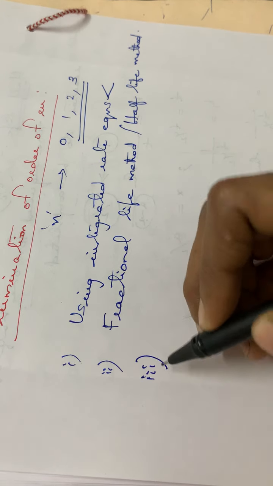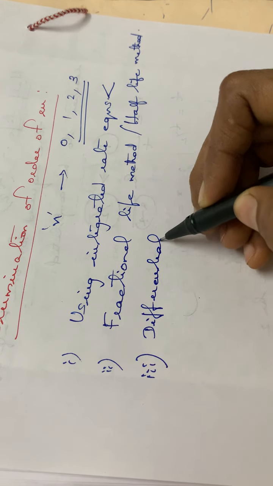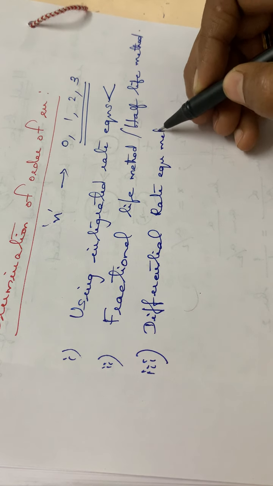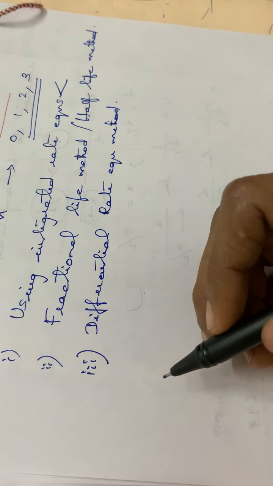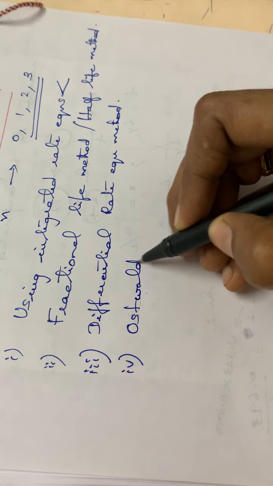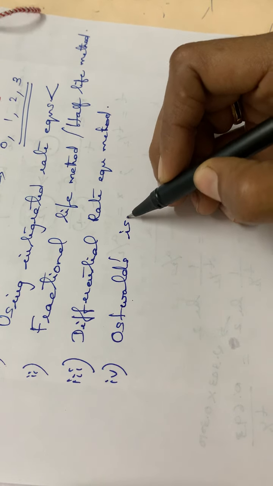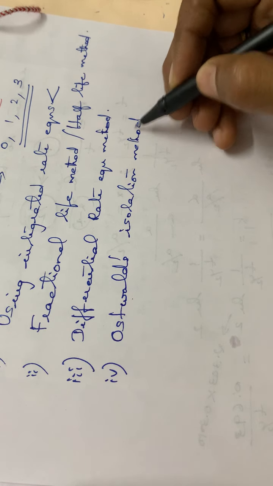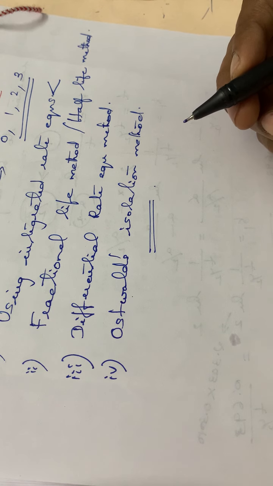And then the third one is the differential rate equation method. Then the fourth one is using Ostwald's isolation method. So these are the four different methods for determining the order of a reaction.